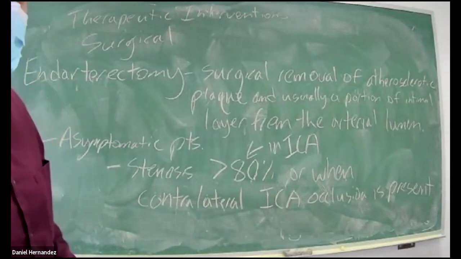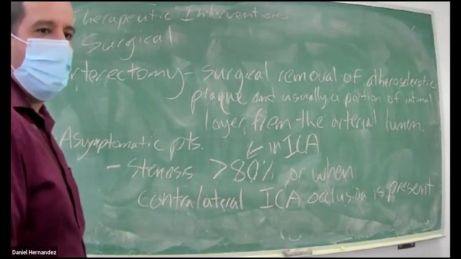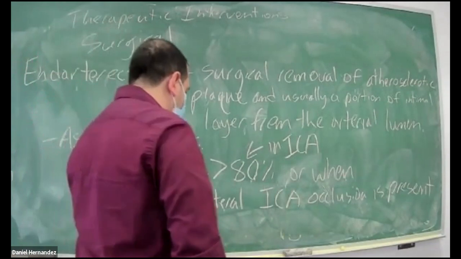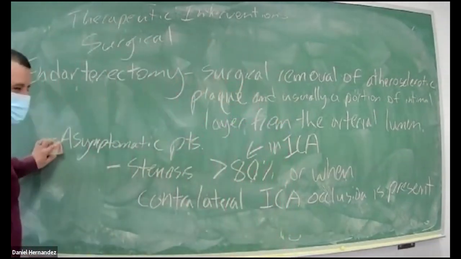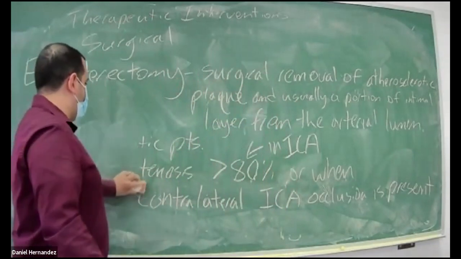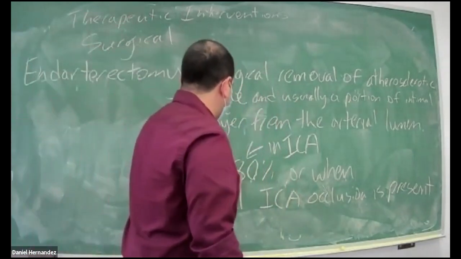So if the patient is then symptomatic, the threshold drops a little bit, and it's a greater than 70% stenosis in the ICA.